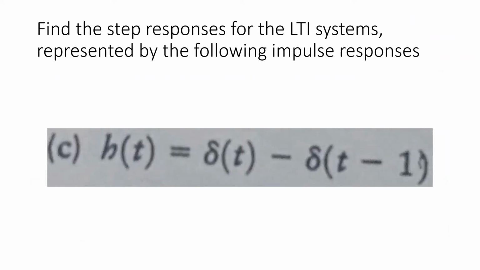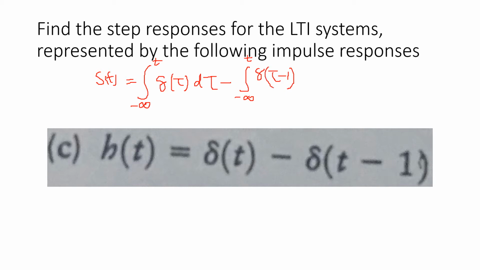To find the step response, we can easily write s(t) equals integration from minus infinity up to t of impulse of tau d tau, minus integration from minus infinity up to t of impulse of tau minus 1 d tau.